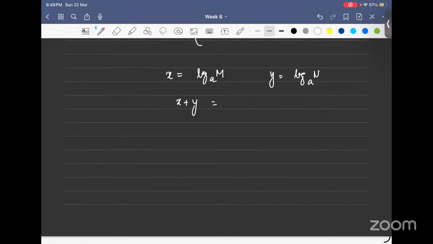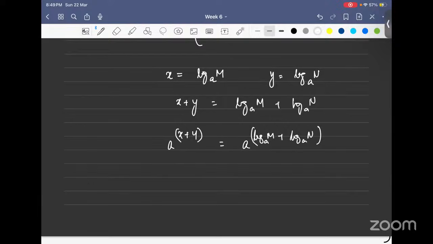Log of m base a plus log of n base a. Now put a to the power x plus y, so you'll have a to the power log of m base a plus log of n base a. Correct, you can write it as a to the power log m base a times a to the power log n base a. Correct.